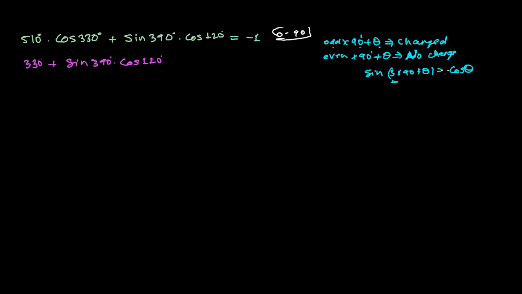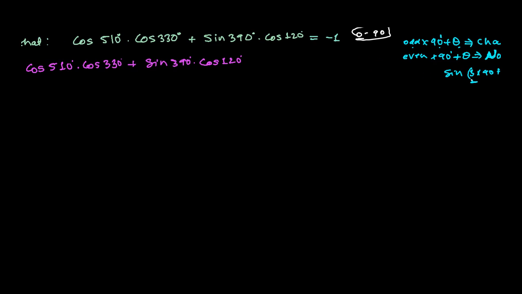Now the plus and minus comes, and to confirm that plus and minus, you should have the knowledge of this CAST rule, C-A-S-T. All, sine, tan, cos: cos positive, sec positive, all positive, sine positive, cosec positive, and tan and cot positive. So now we have 3 times 90, which is 90, second 90 and third 90. This is 270 plus something, it means we are in the fourth quadrant, and in the fourth quadrant the sign is negative, so it will be negative cos theta. All right, it's like that.